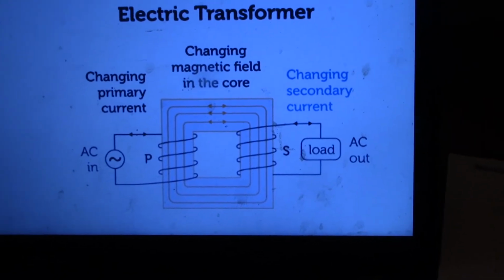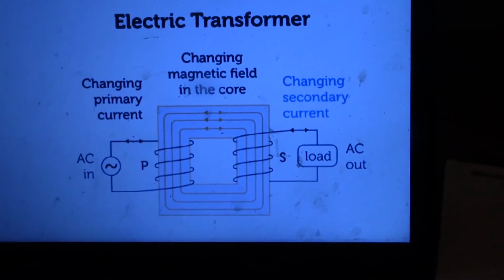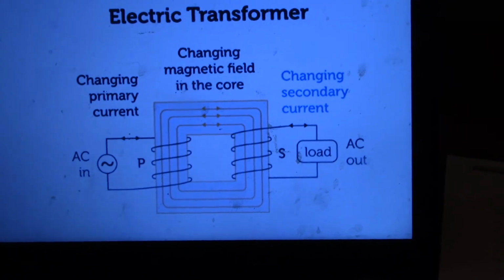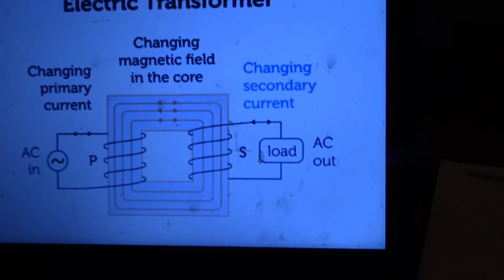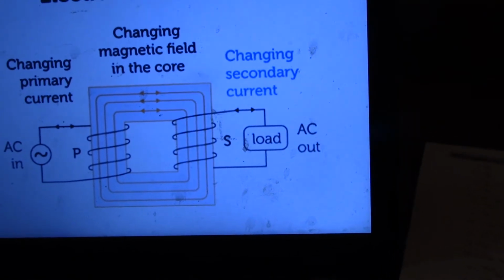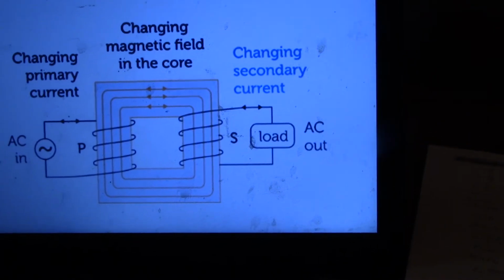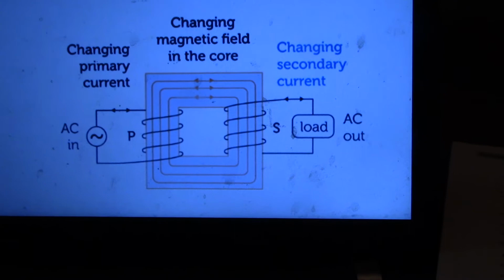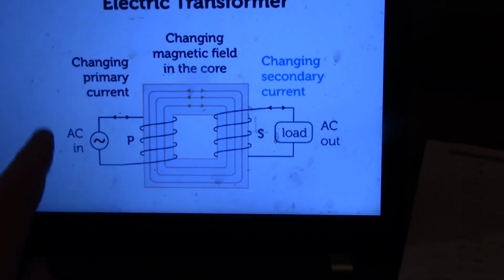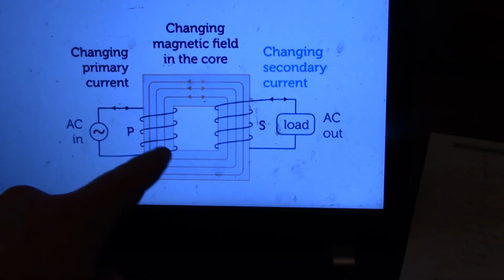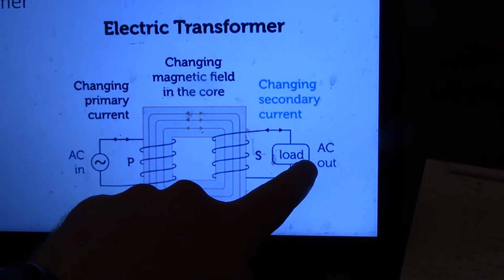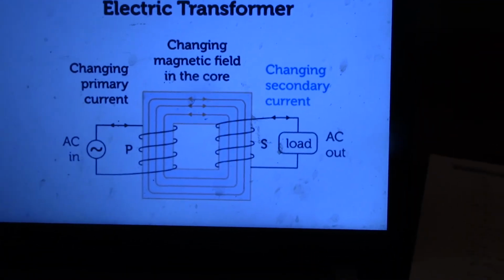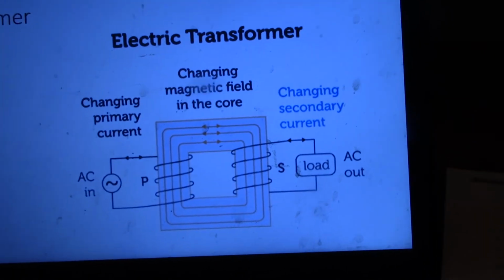You have the iron core, and generally there's a magnetic field inside that iron core because the magnetic field can store the electrical current. Then you have the secondary current, which will carry the electrical load out. This would be incoming energy from a power station to a large transformer station, and this would be outgoing coils to households or businesses or buildings.